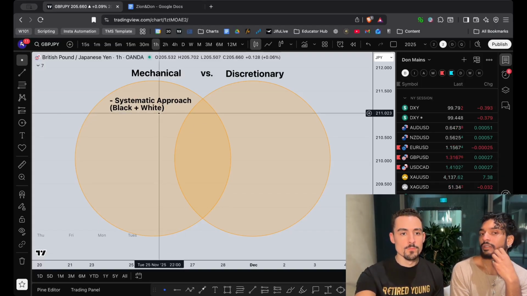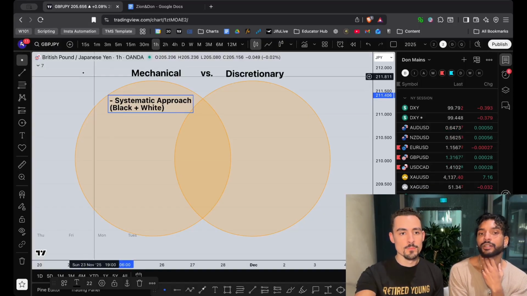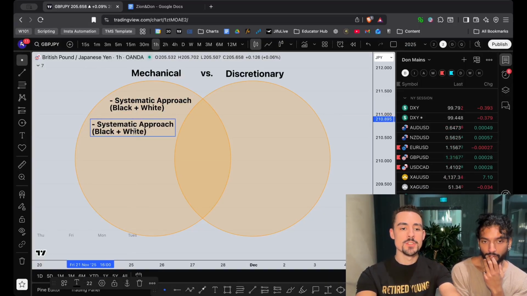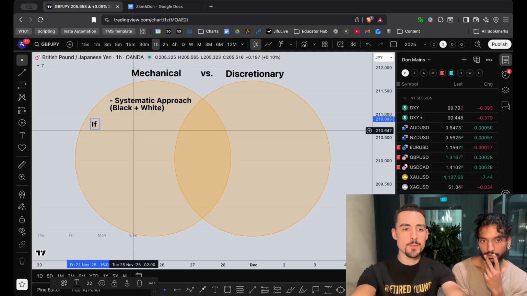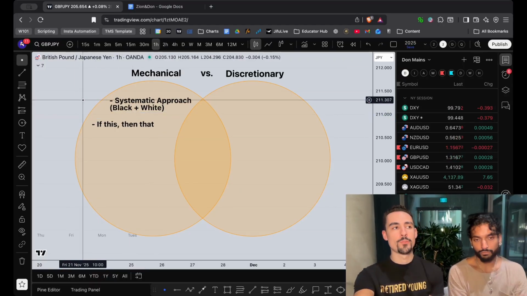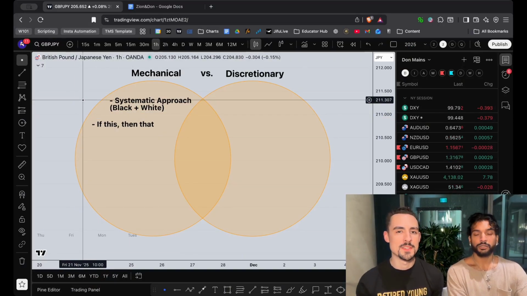How would you give the community a better idea of what mechanical is? I think the best analogy I like to use is if this, then that. It's very black and white. It's not something that you could mess up.